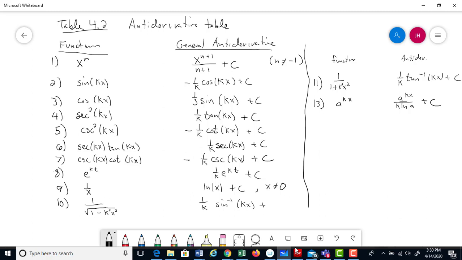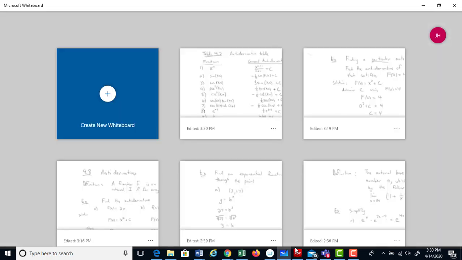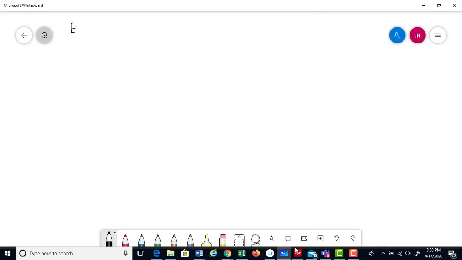All right, now put this to practice. Example. Determine the antiderivative. So what I mean by that is a general antiderivative, so don't forget the plus c. So f of x is equal to x to the fourth. So its antiderivative, our capital F. So our solution, we'll put our solution over here.